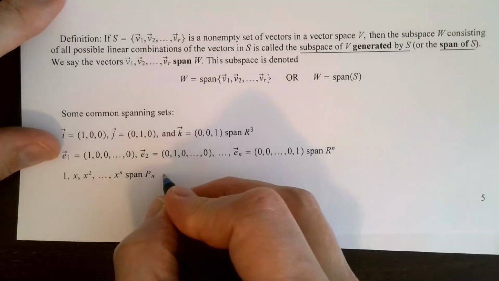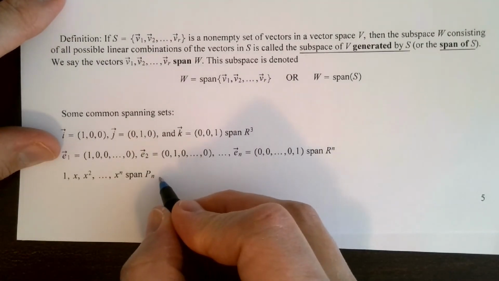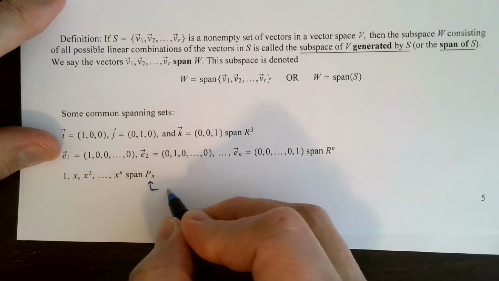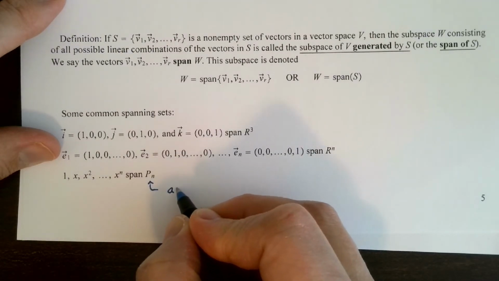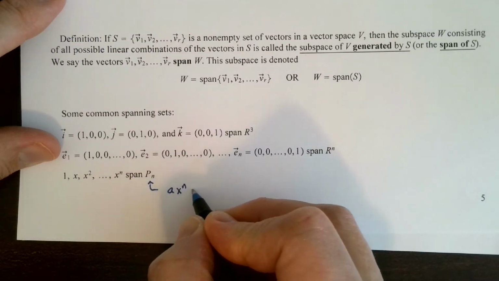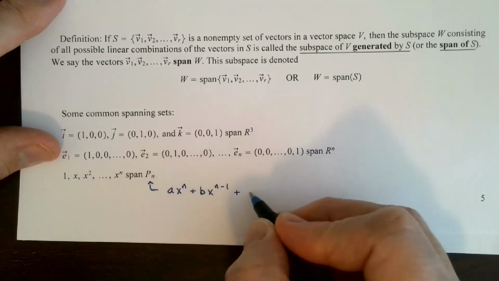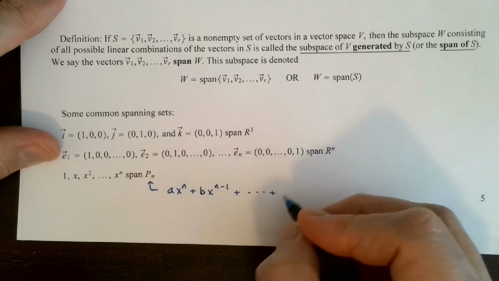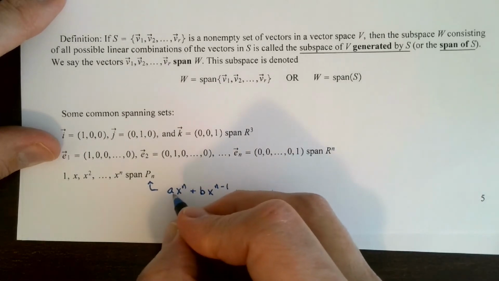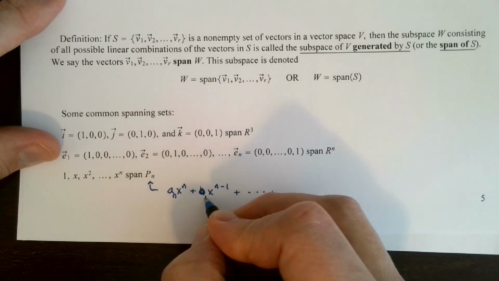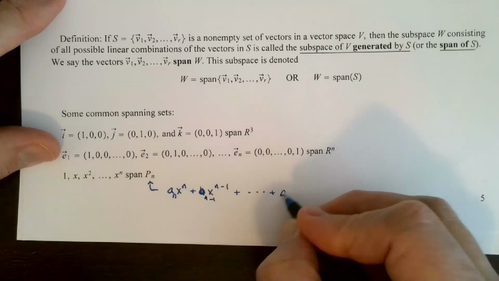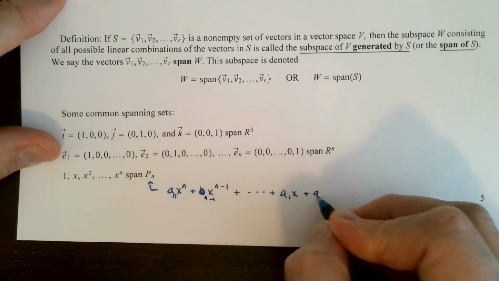A polynomial of degree n or less is going to be something like a_n x to the n plus a_(n-1) x to the n minus 1 plus ... plus a1 x plus a0, right?